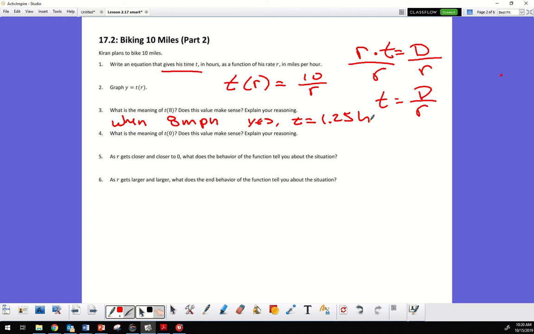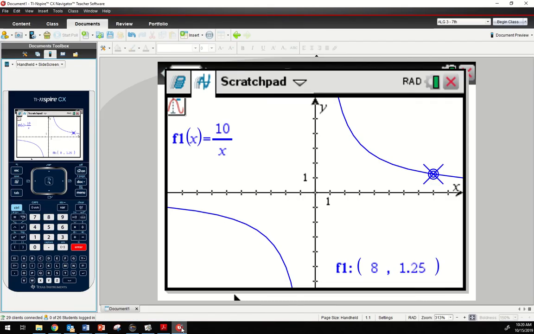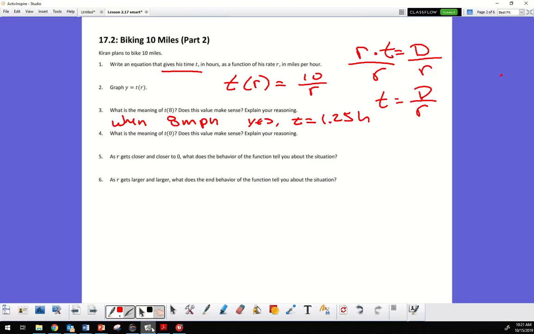So let's go back to the graph and look to see what that says. Right here at 0, you notice, hey look, way up here, right? So it's going to be a whole lot of time. So at 0, what is actually happening is that there is an asymptote, because it's got 0 rate of change. That means it's not moving.